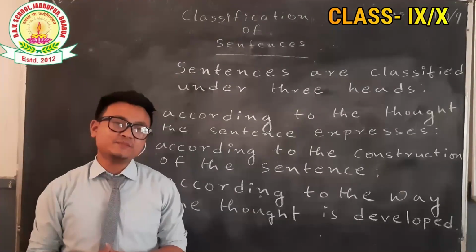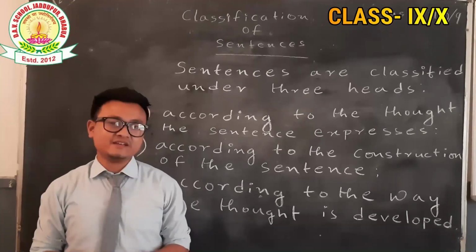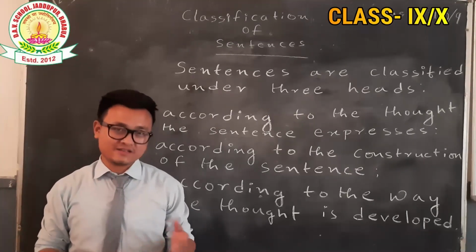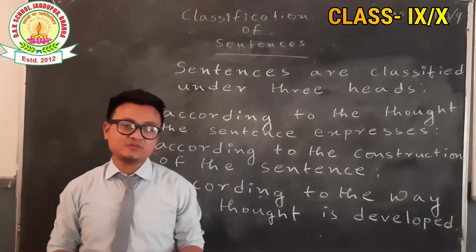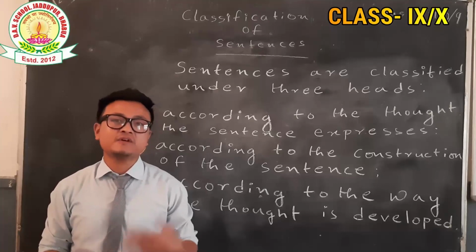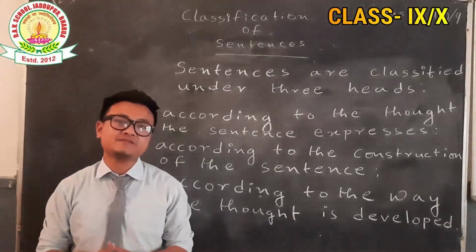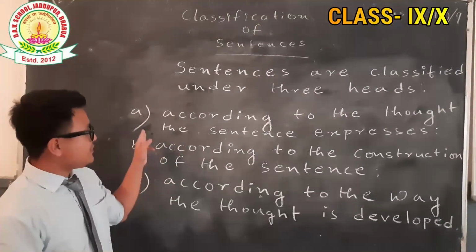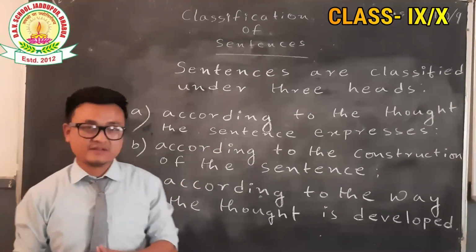So we will go a little deeper into the classification of sentences and see how they are classified. Before moving forward, let me tell you the 3 heads according to which sentences have been classified. Here we have number A, according to the thought the sentence expresses.